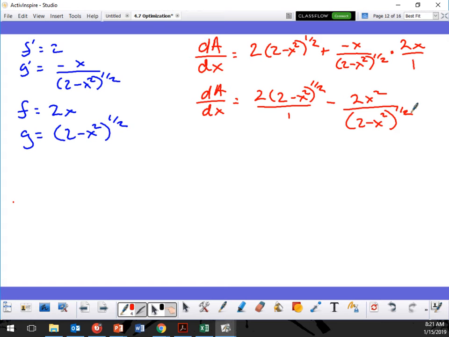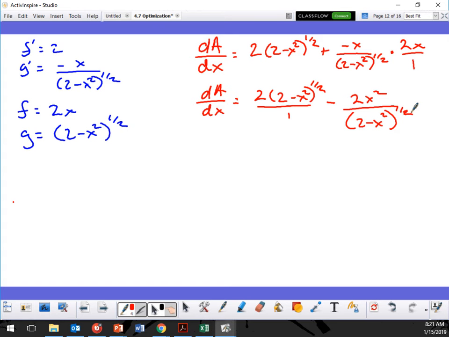Yes? Now, so we're maximizing area. So maximizing and minimizing means I need to do what next? Say it. Set it equals 0. So I'm going to set this equals 0, right? So that's going to give me mins and maxes out of it.